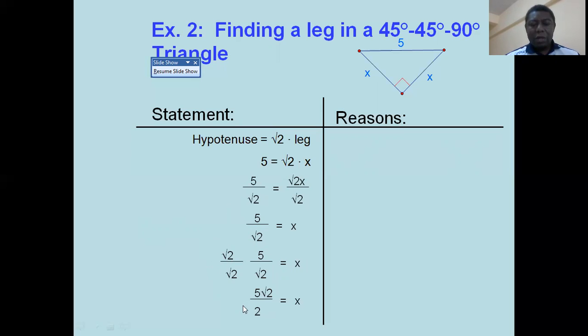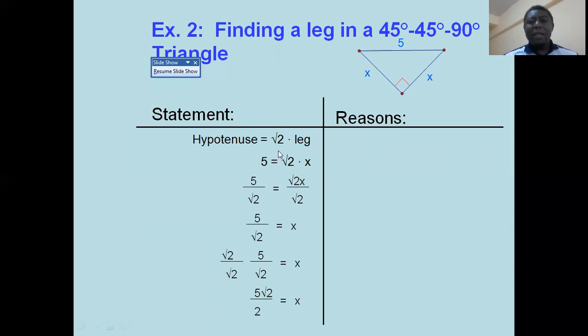So the square root of 2 times 5 will be 5 square root of 2. Square root of 2 times square root of 2 is 2. So x is equal to 5 times the square root of 2 over 2.